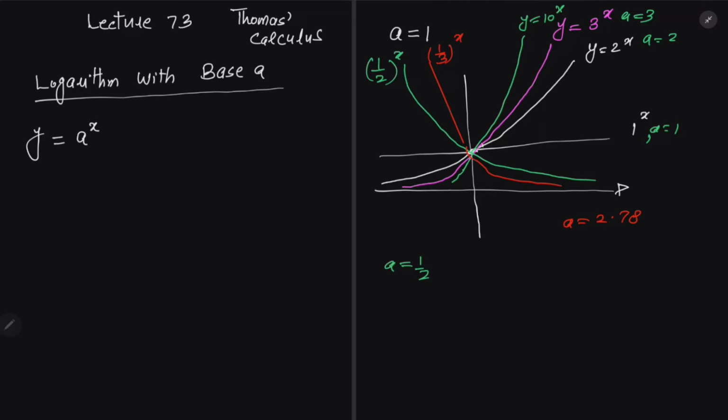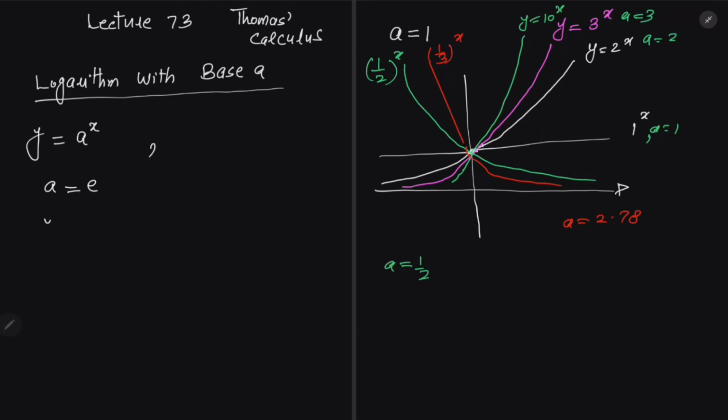How can we find the inverse function of this? When a was equal to e, let me go back and write a is equal to e.